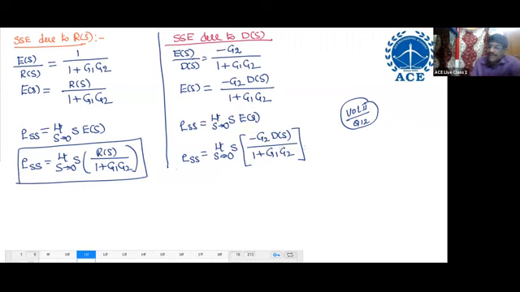Simply by increasing G1. If you increase the gain of G2, what happened? Numerator increasing, denominator increasing. If I increase G1, what happened? Error decreases. So by increasing the DC gain, K is called DC gain or steady state gain, whatever it is.